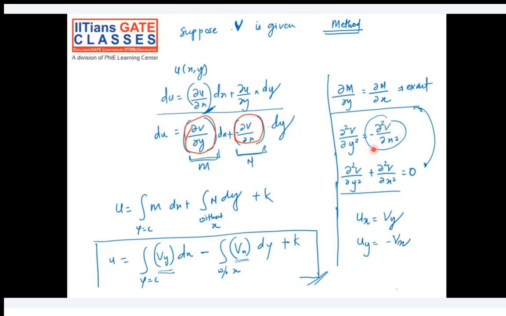And if you simplify this, it becomes the Laplace equation. So what we get from it? In order to satisfy the Laplace equation, or the harmonic function criteria, it has to be exact.